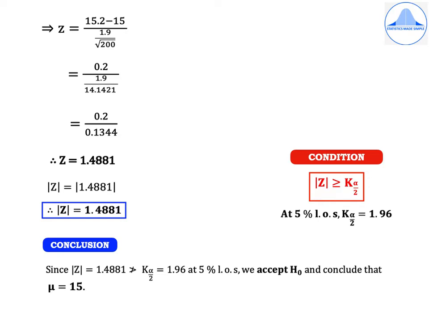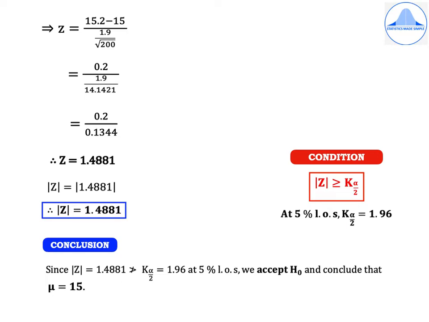So we have calculated the value of the test statistic, which is Z. Now the conclusion will depend on the type of alternative hypothesis. The alternative hypothesis which we have is a two-tailed test. So I have written the condition highlighted in red color on the right hand side of the slide. This makes it easier for us to write the conclusion.